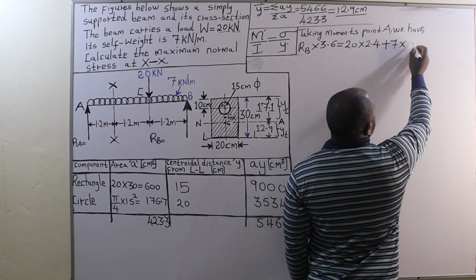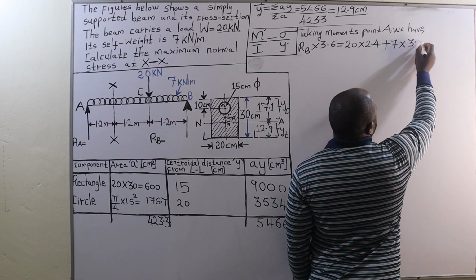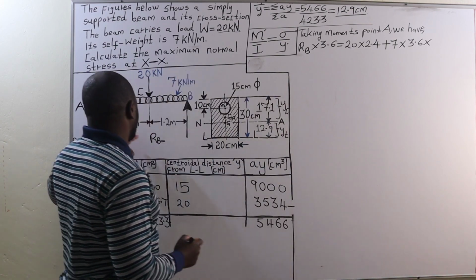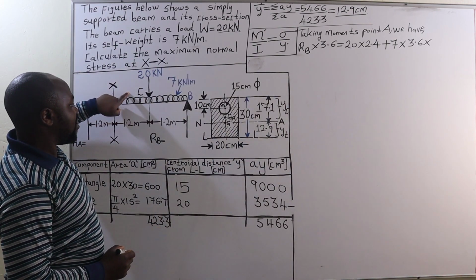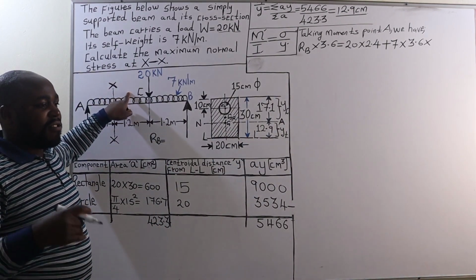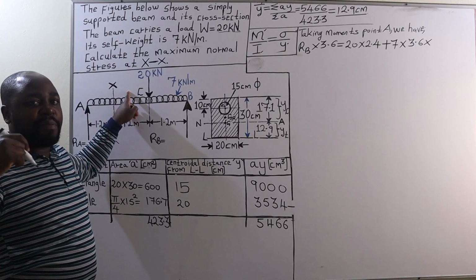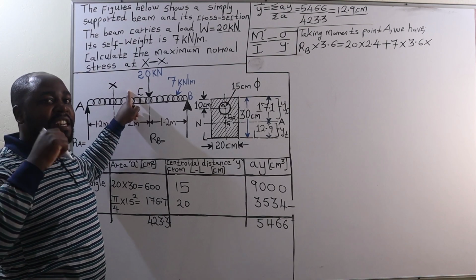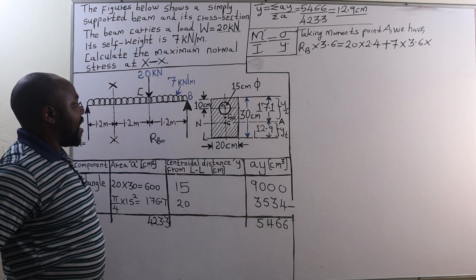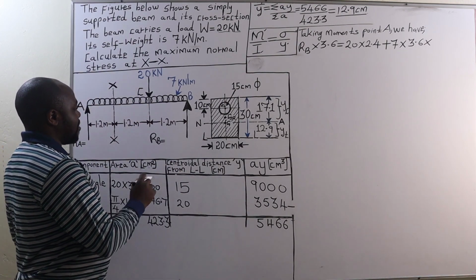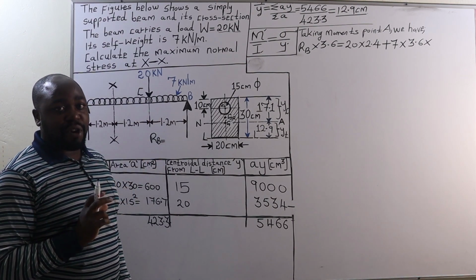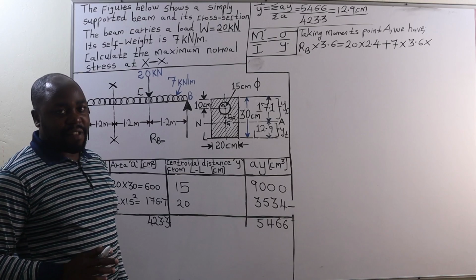Therefore, 7 times 3.6 meters. That is now converting this uniformly distributed load to a point load. And when you convert a UDL to a point load, that point load usually acts at the center or at the mid span of that whole span. Therefore, it's going to act somewhere at the 1.8 meters point. That is half of the whole span.